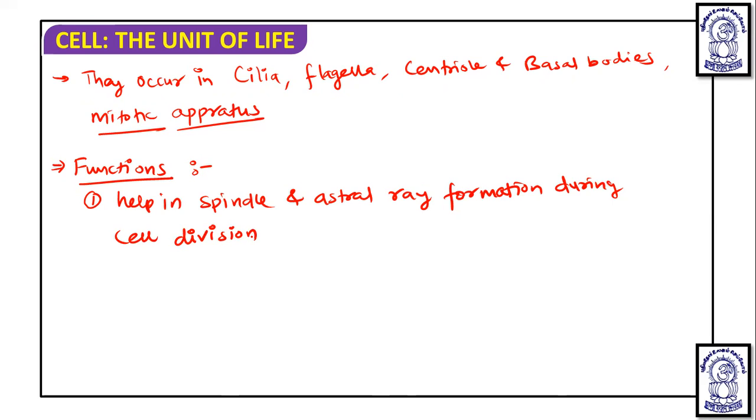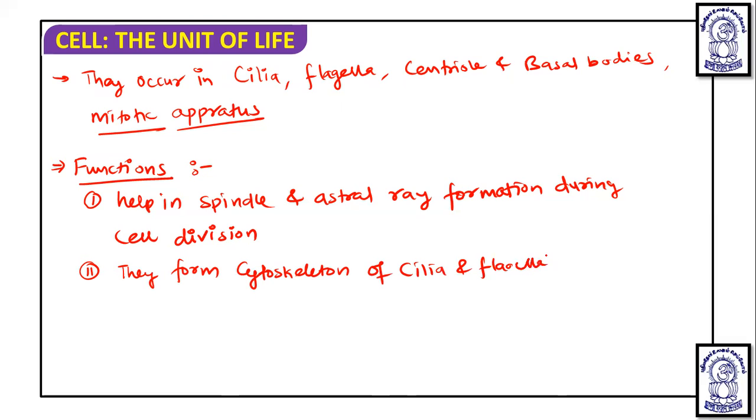Second, they form a cytoskeleton of cilia and flagella. Okay, so astral rays and spindles, which are going to be used in cell division, are formed during cell division by this one. They form a cytoskeleton of the cilia and flagella.